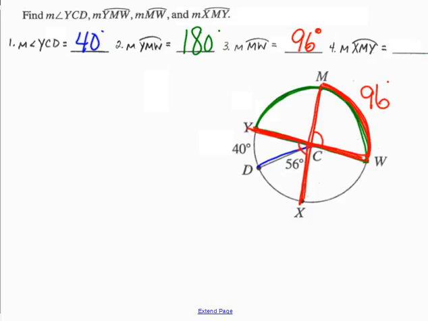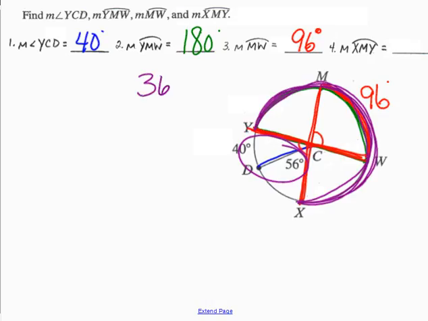That is going from X towards M to Y. That's this arc right here. Well, we know that there are 360 degrees in a circle, and we know this piece right here. So we're going to take 360 and subtract the 96, and that gets you 264.